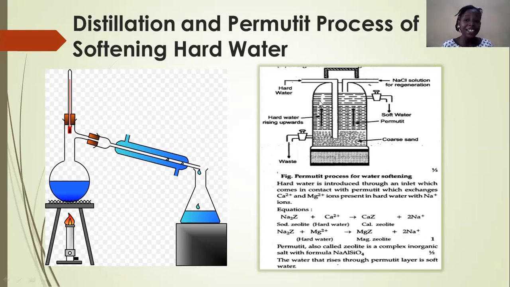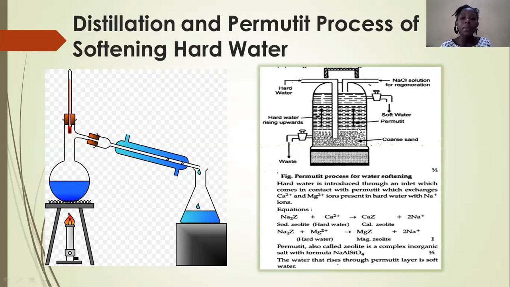What happens in this Permutit process is that the sodium zeolite, which is represented as NaZ, reacts with the calcium ion or magnesium ion in the hard water to give you calcium zeolite, and gives up sodium ion.